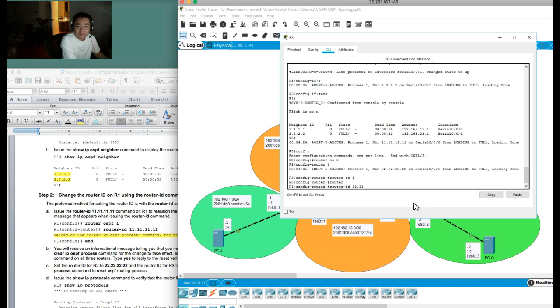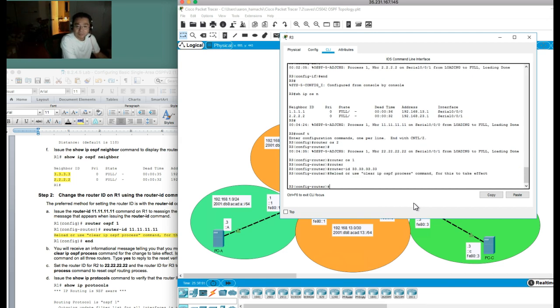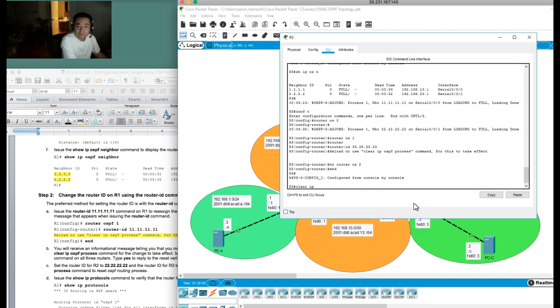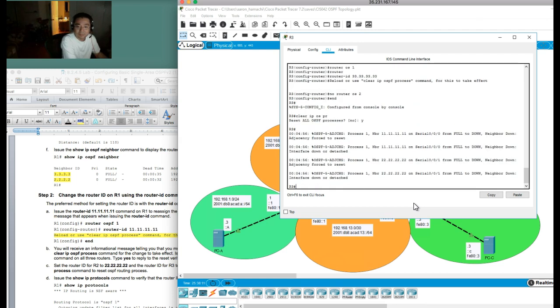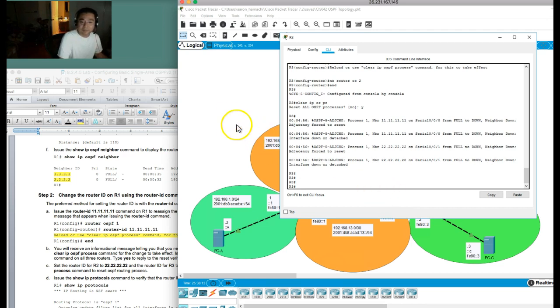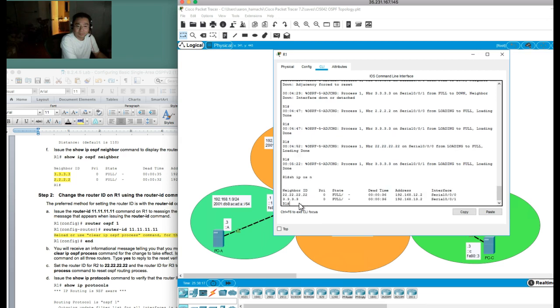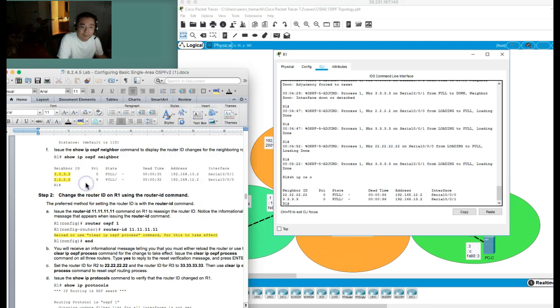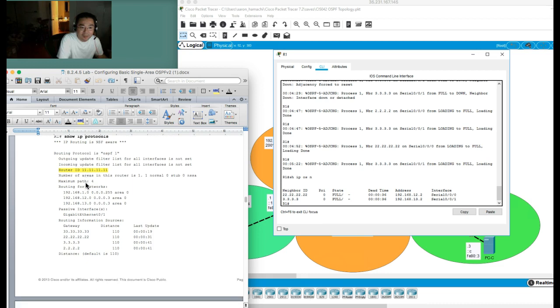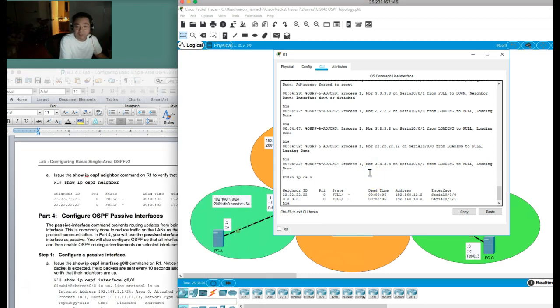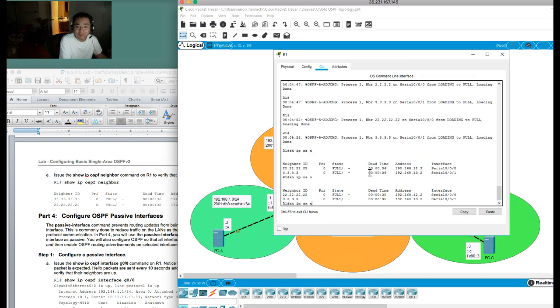Router ID. Show IP OSPF neighbors. We should start seeing this populate pretty soon.